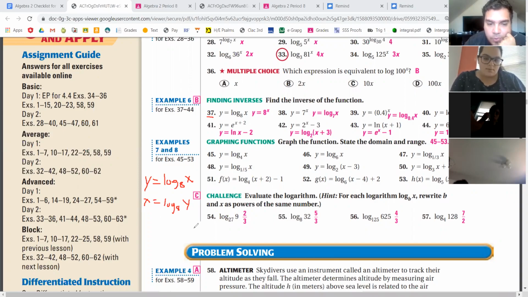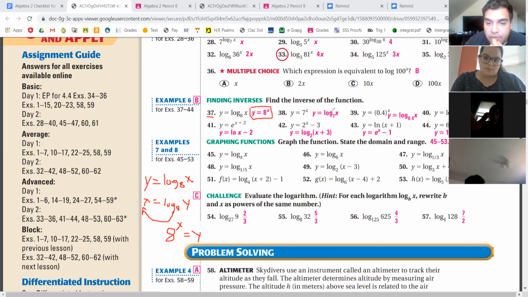From that point on, we want y by itself, so we have to move this base 8 log. So in order to move a log, just like before, we're going to make it into an exponent. So it's 8 to the x power equals y. Now, since y is by itself, our answer is complete and we're happy here.